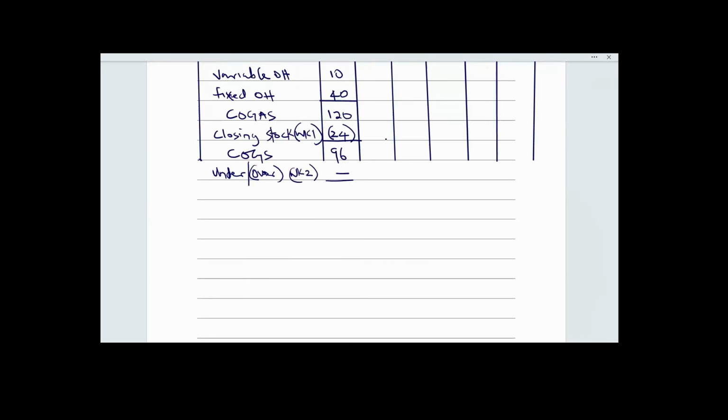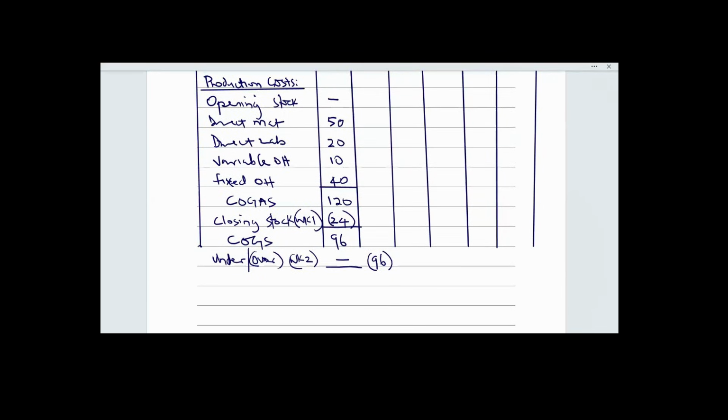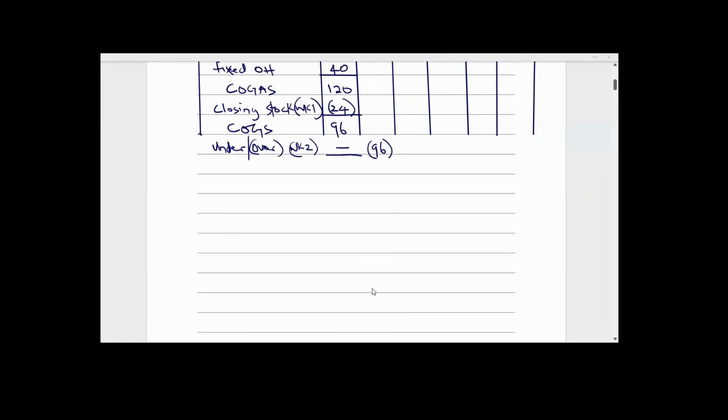Therefore, 96 plus nothing will give us 96. 96 minus 128, what do we have? 128 minus 96, 32. That's 32,000. So here is 32. This 32 is called gross profit.